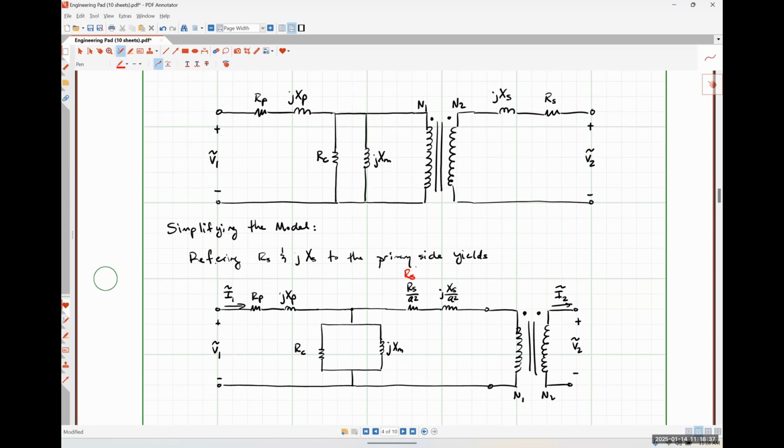We typically call this RS prime, and this guy up here is XS prime, where that prime designation literally just means we referred it to the primary side. If you ever see me use a double prime or two slash marks, that means we're referring things over to the secondary. We'll get to that here in a moment. So now we have everything over here referred to the primary side.